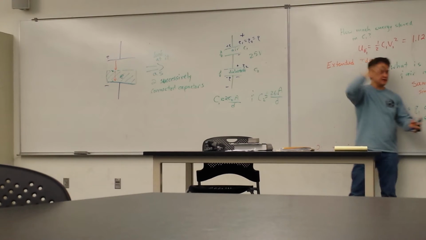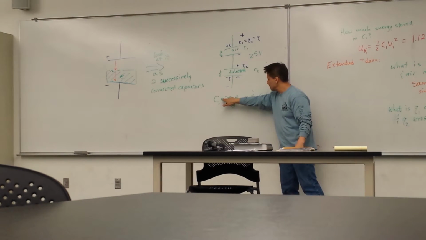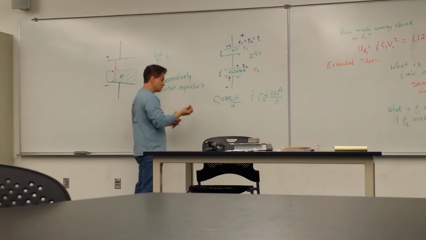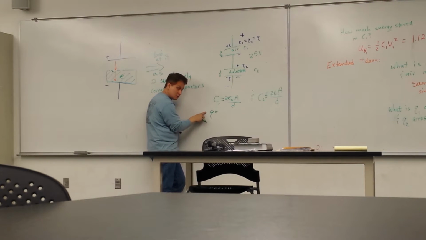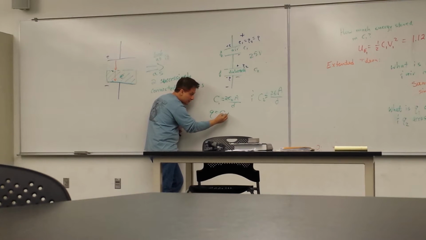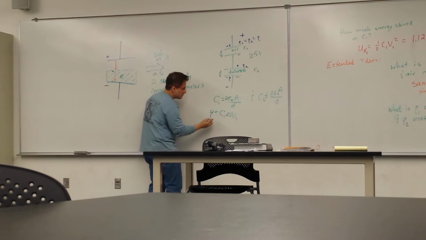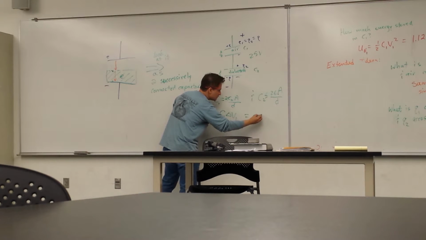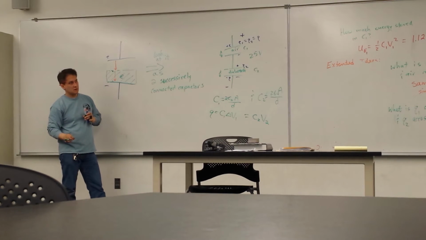And I just put the 2 on top, the d over 2 on the bottom. And the total charge, Q, should be equal to C1 V1 and it should also be equal to C2 V2. That'll be the same value.